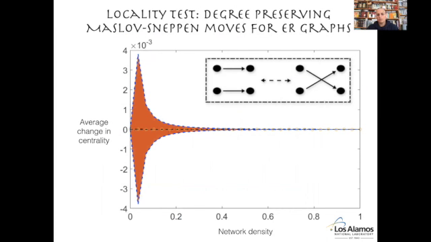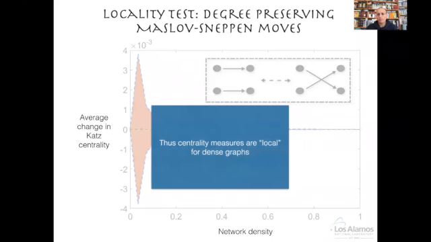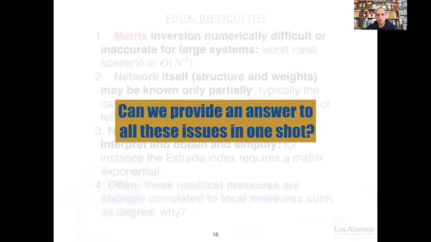And what we see is that for not so dense networks already at p equal to 0.2, where p is the probability of having an edge or not, essentially, there is no change on average on the centrality after all these steps are implemented. And here the y-axis is the average over all seeds and all dynamical moves. It follows that these graph measures are in a way local for dense graphs, and one needs to explain why.